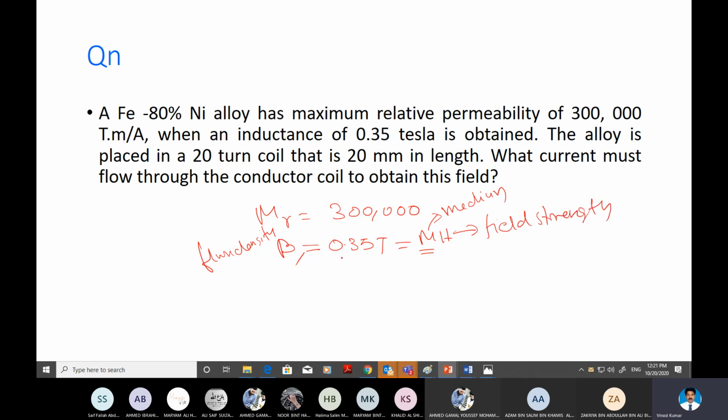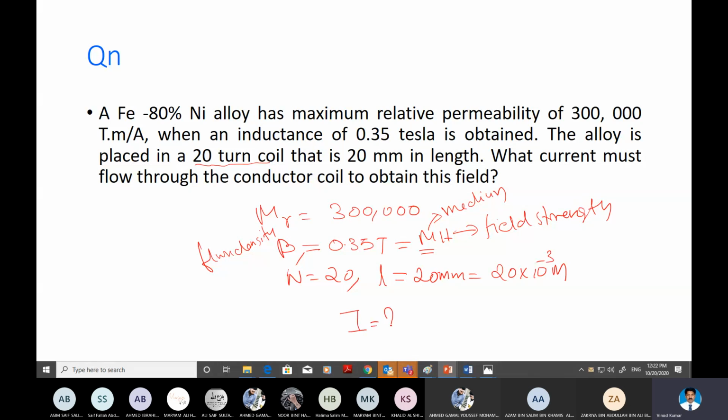Now, B is given. The alloy is placed in a 20 turn coil. Here the number of turns in the coil is given as 20, and the length of the coil is given as 20 millimeter. You have to convert it into meter by multiplying by 10 to the power -3.